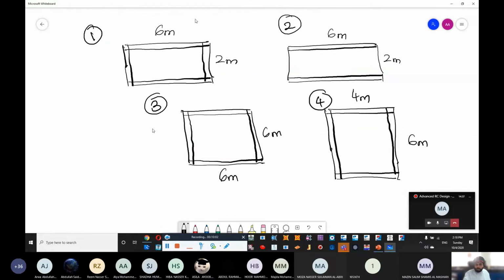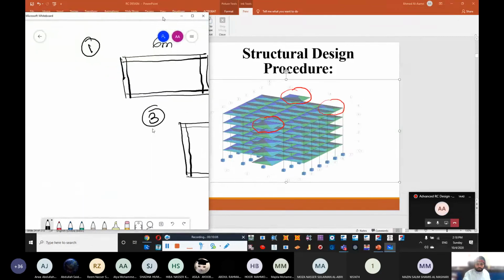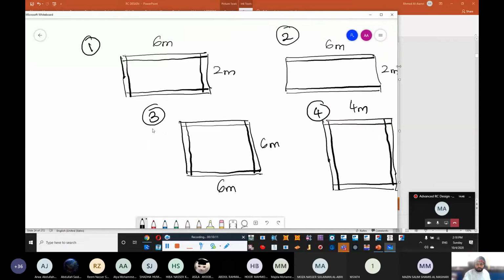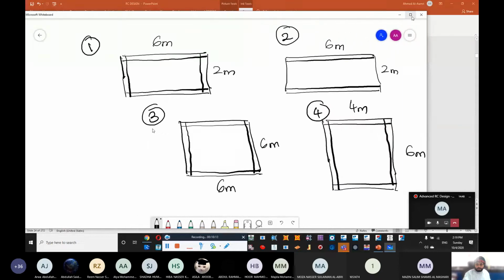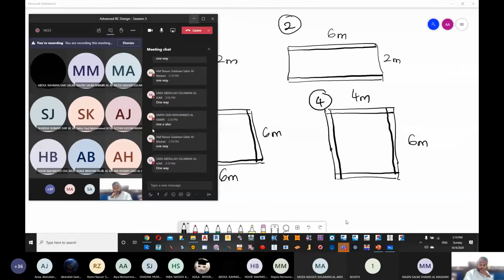Case number 2. Okay. Case number 2, is it one way or two way? One way. Okay. So how many areas will be there for case number 1 and case number 2?